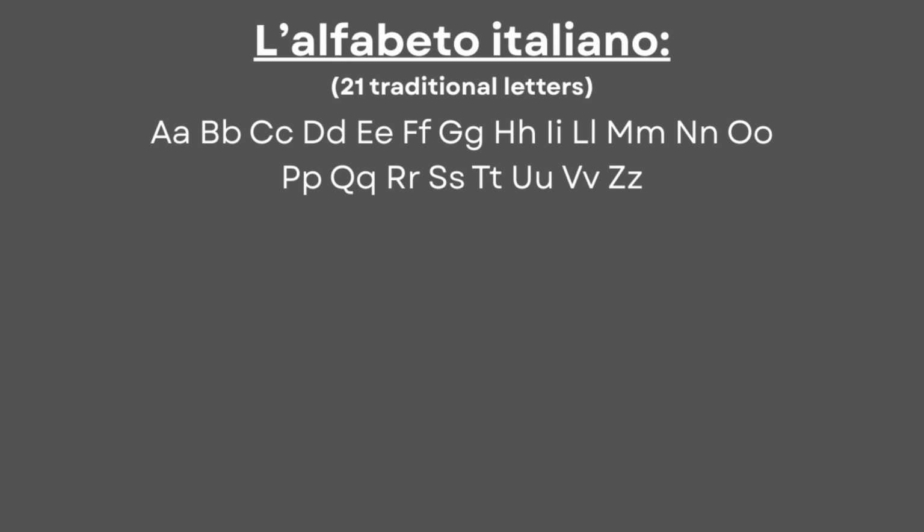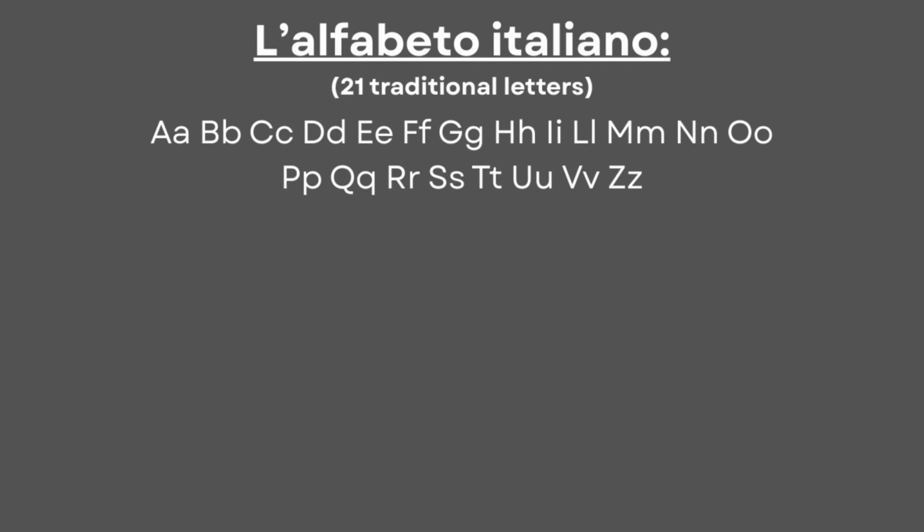The Italian alphabet has 21 traditional letters, which are the same as in English. Because the alphabet is more phonological, it consists of phonetic rules, but the pronunciation will be different, because Italian is a Romance language.